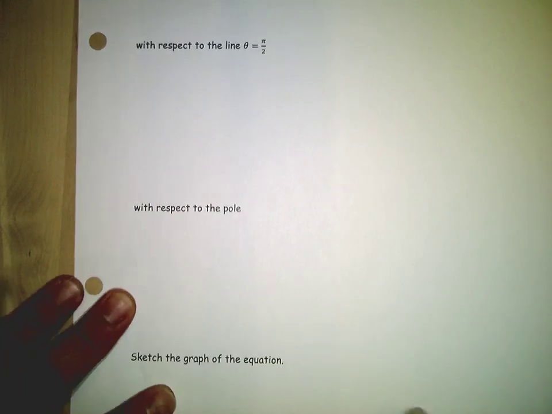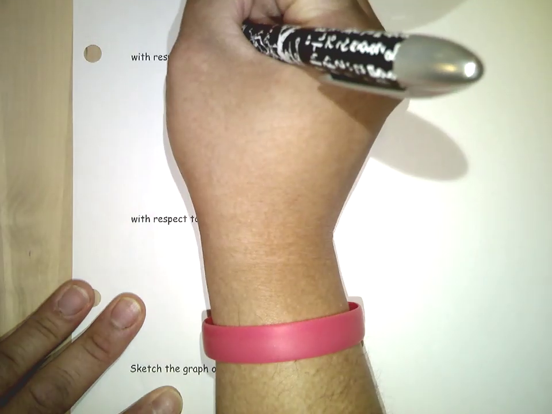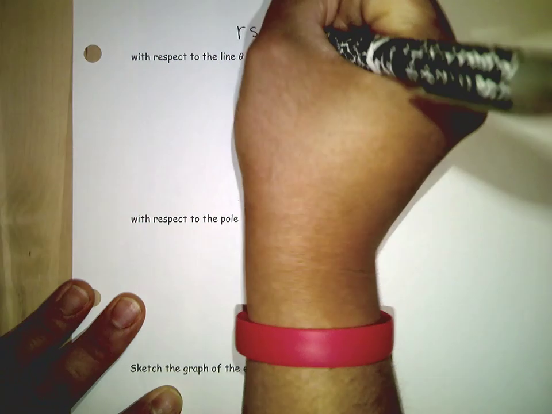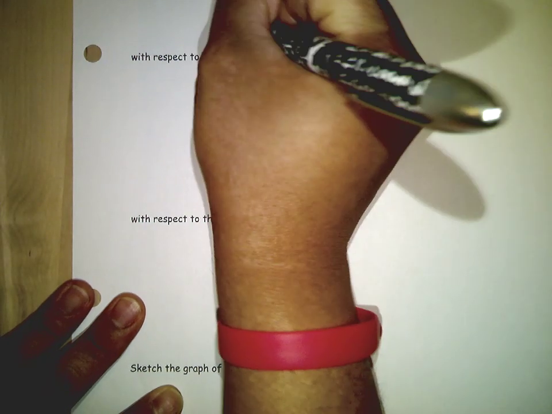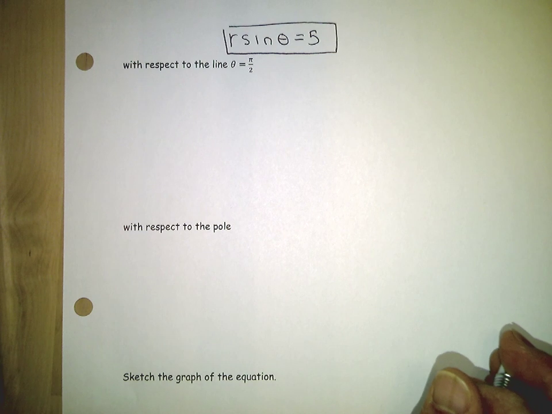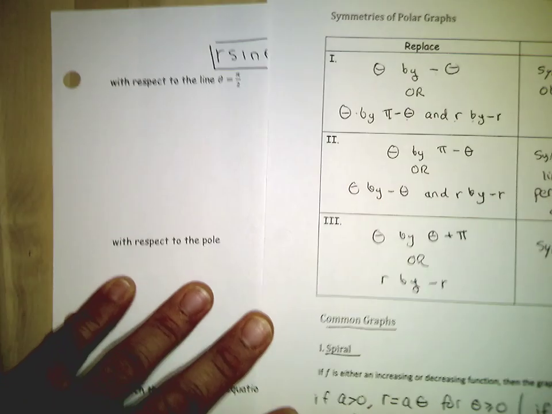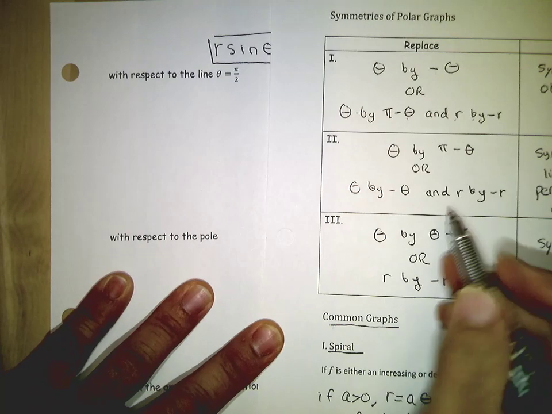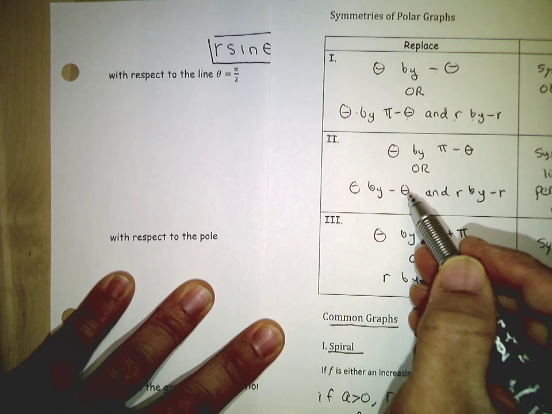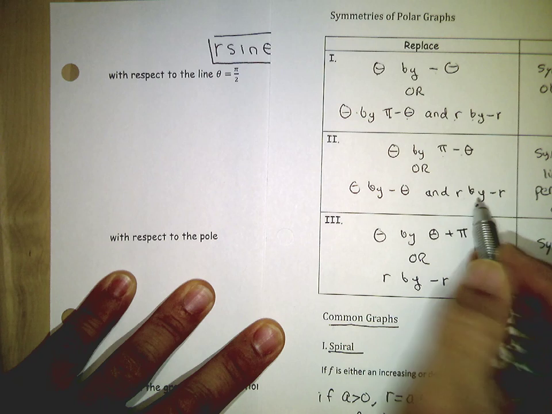Now, let's test the same polar equation, r sin θ = 5, for symmetry with respect to the line θ = π/2. Remember, there are two ways that we could test for this symmetry: by replacing θ by π − θ, or θ by −θ and r by −r.